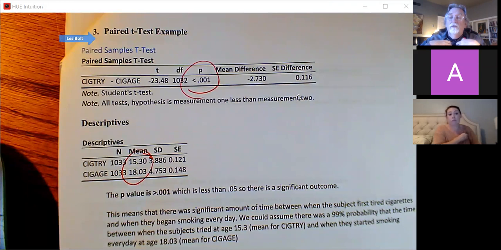We have the opportunity sometime between 15 and 18 to try to intervene with students to figure out, okay, can we do something here that will help people not go to regular full-time smoking?